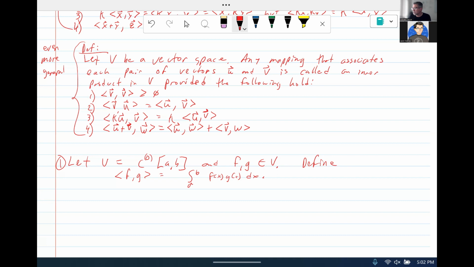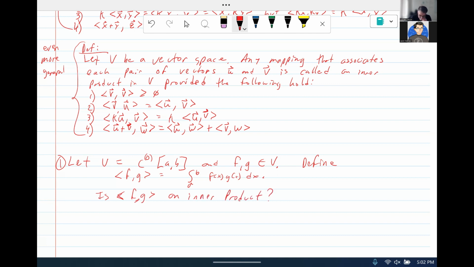It just means that it has zero derivatives. So we're going to say that they're integrable. Okay, so that is a vector space. And define the inner product of F and G as we defined it.